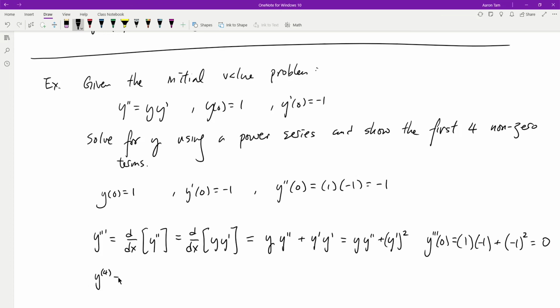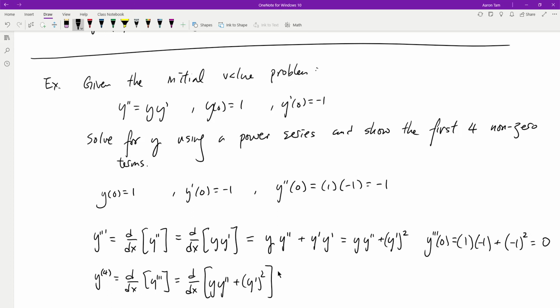So y 4th derivative. That will be the derivative of y triple prime. So that means I'm taking the derivative of y y double prime plus y prime squared.